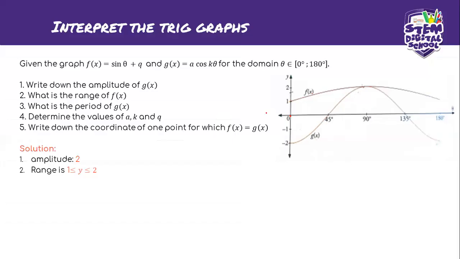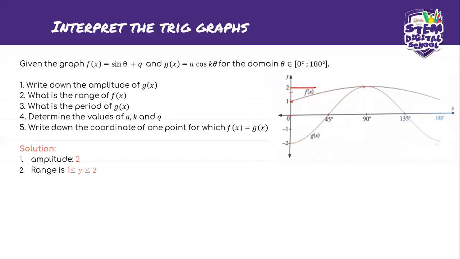Now let's go to this and determine that. Remember, when we talk about the range, we are referring to y values. Then in this case, the graph starts here and it ends here. You can see there is a turning point there. There is a turning point there. So I think the value of this turning point is 2.